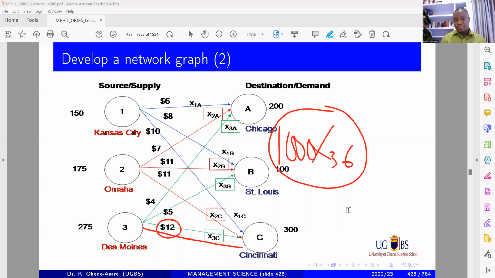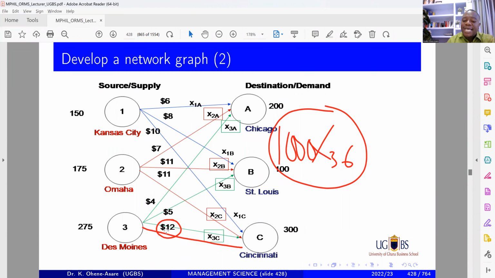Yeah, Princess. Hello, sir. Yes, please, I want you to come again with the prohibited routes. I didn't really get it. So when you are told that the route from Des Moines to Cincinnati is a prohibited route, this is what you are told in the story.